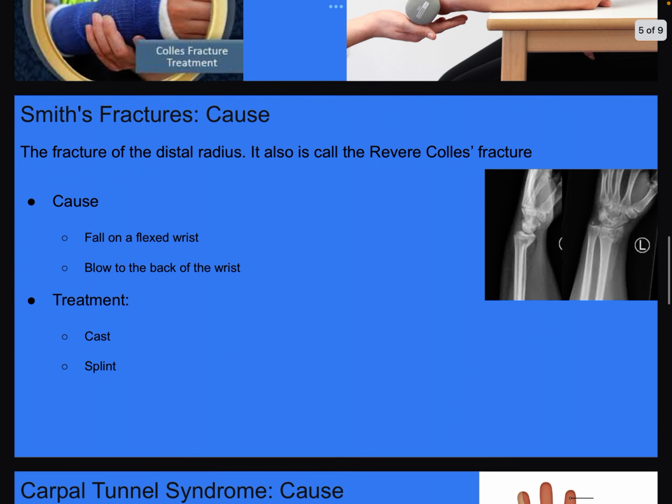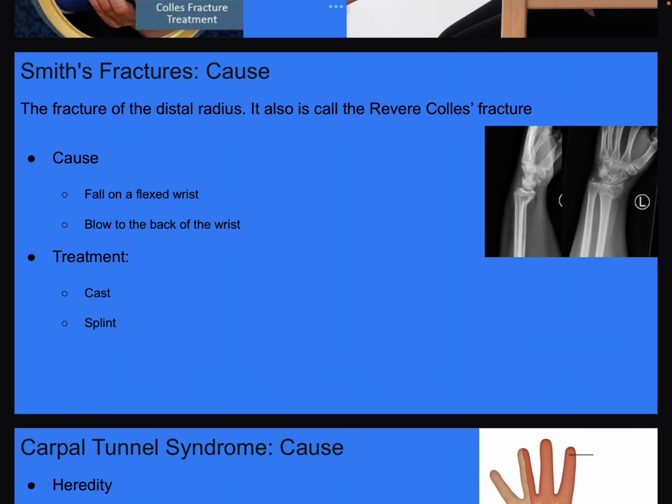Now moving on to the Smith's fracture. That is the opposite of the Colles fracture. They call it the reverse Colles fracture because it's a flexion fracture of the distal radius.